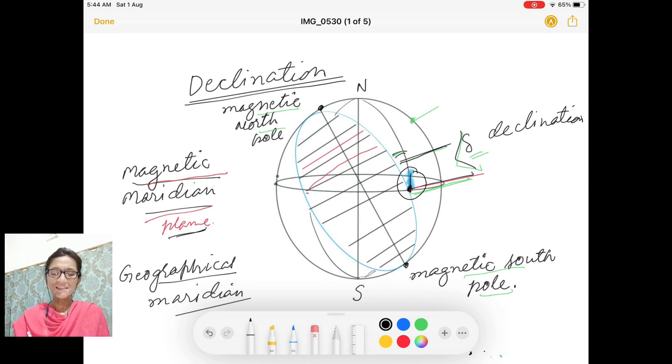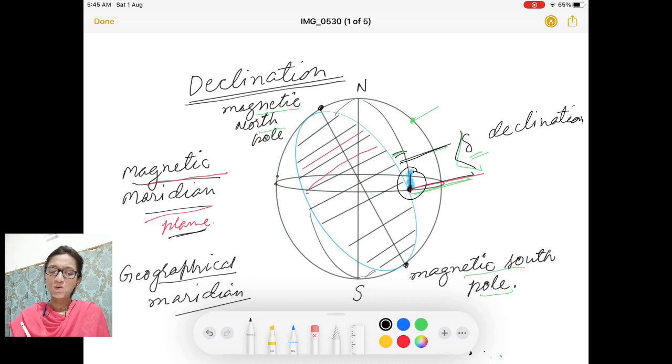So taking these 3 points, I have drawn the magnetic meridian. In the same way, we have the geographical meridian. The plane cut of Earth which passes through the 3 points, the geographical north pole, the geographical south pole, and the point itself, is called the geographical meridian.